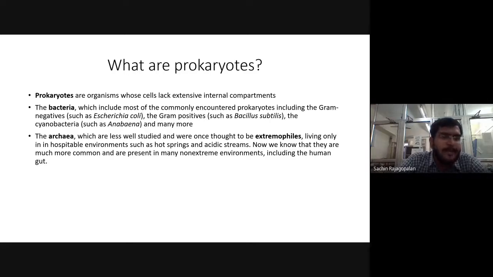These are all not present in prokaryotes. They do not have membrane-bound organelles, which we normally find in eukaryotic cells. Their genome is lying free in the cytoplasm in the form of a nucleoid, right?